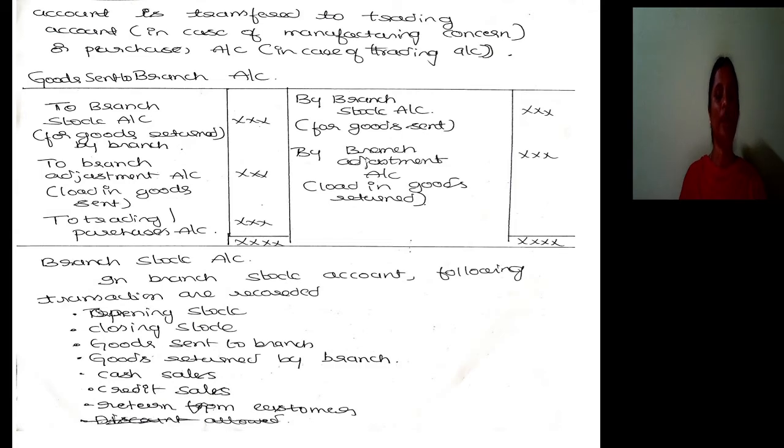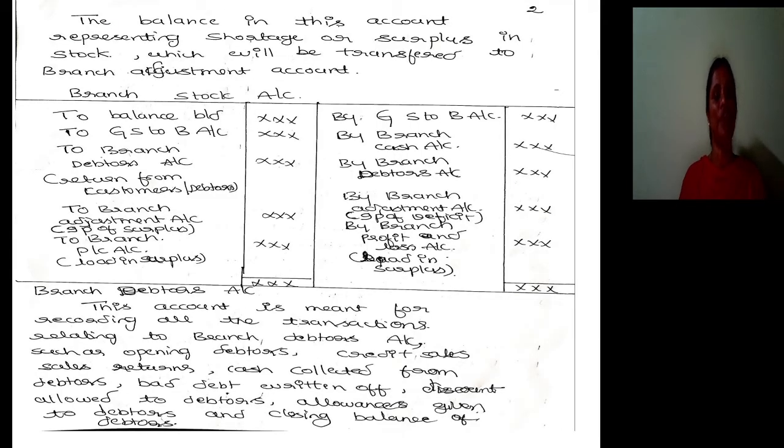Then the branch stock account. In the branch stock account, on the debit side, we will have the opening balance, goods sent, and return from customers. So we will have the invoice price of surplus stock and loading in surplus stock.